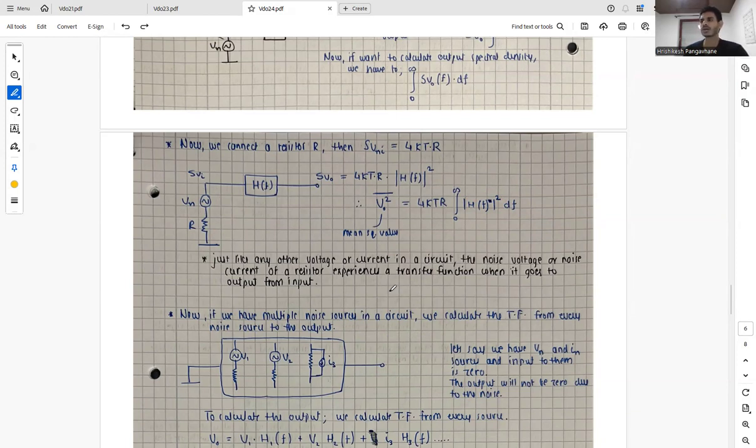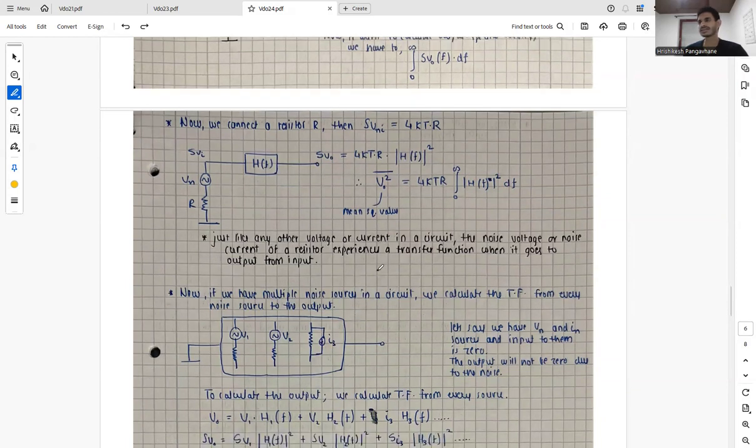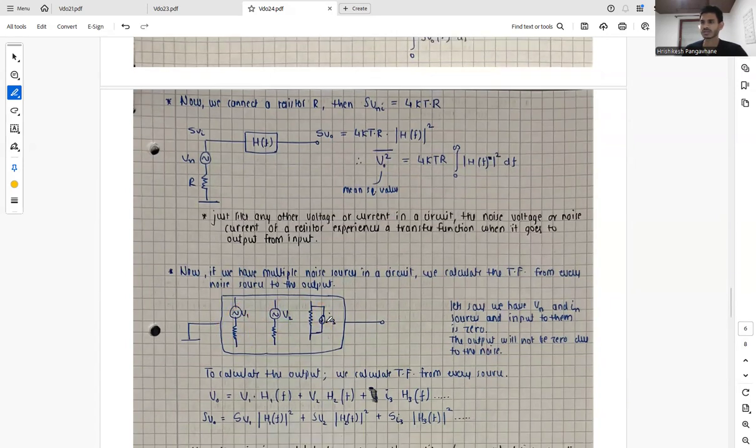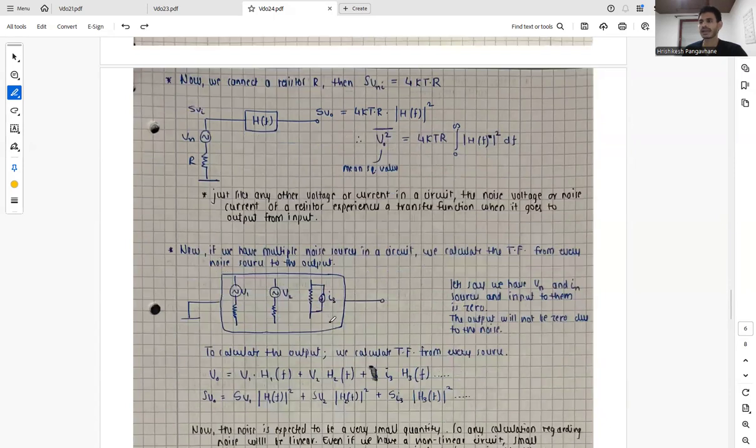And now, let's say over here we had only one resistor, but now let's say we have multiple noise sources in a circuit. So what we do is we calculate the transfer function from every noise source to the output. Let's say we have Vn and In sources, and input to them is 0, so the output will not be 0 due to the noise. So we have these noise sources. To calculate the output, we calculate the transfer function from every source.